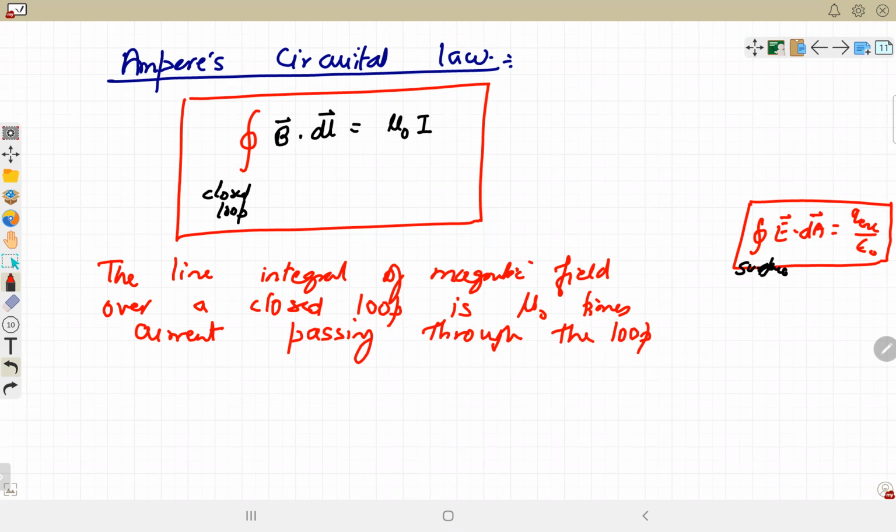Now in this case, that B dot dl is not any physical quantity. We cannot call it magnetic flux. B dot dA will be called magnetic flux.